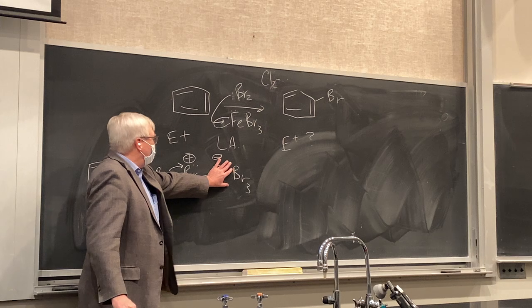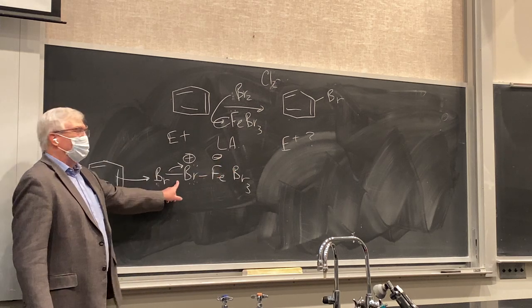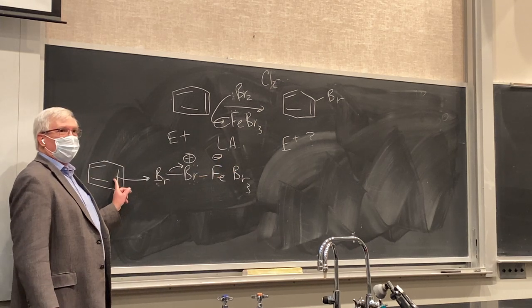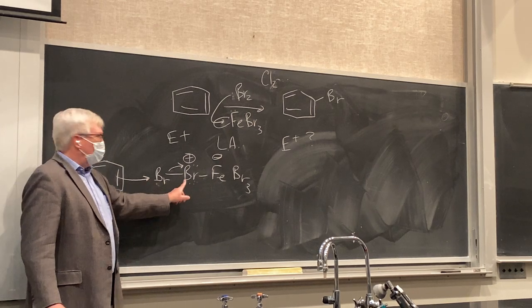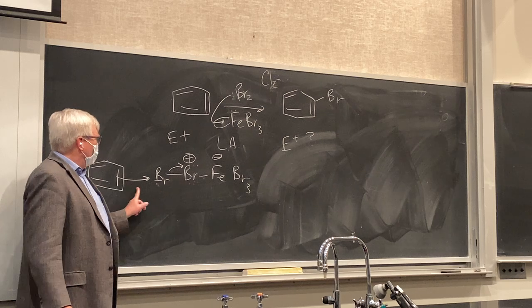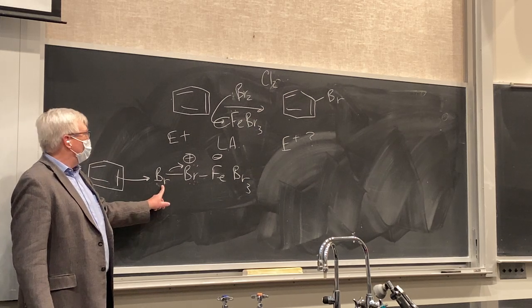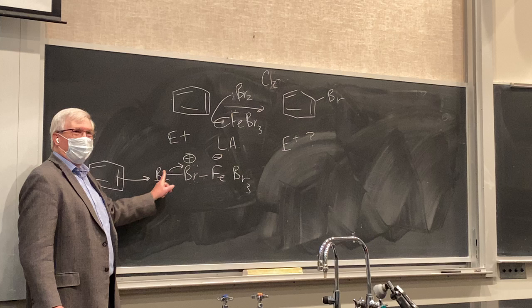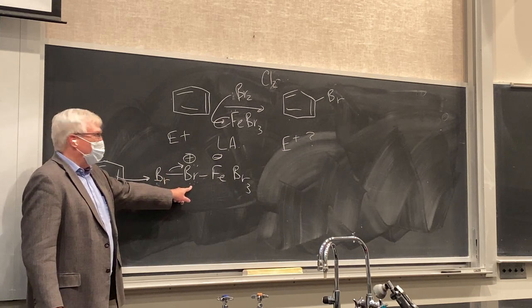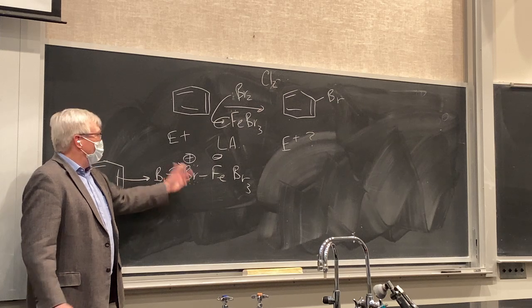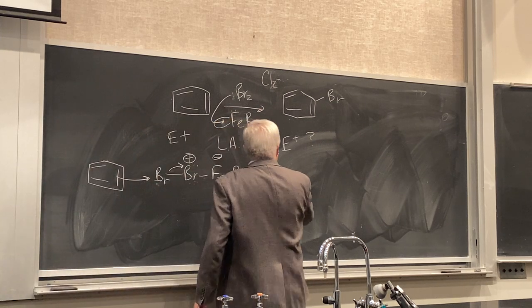Bromine on its own without the Lewis acid is not electrophilic enough to attract the pi electrons out of benzene. But when you coordinate it, the plus charge on the middle bromine makes this one partially positive too, as it breaks that bond. That's the flow of electrons, which will make this bromine then neutral. Let's see what the intermediate looks like.